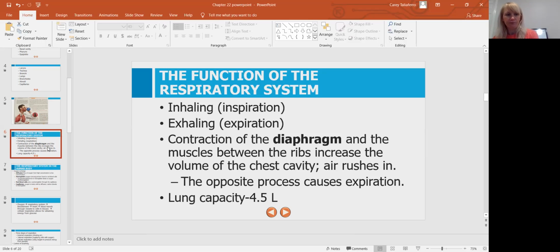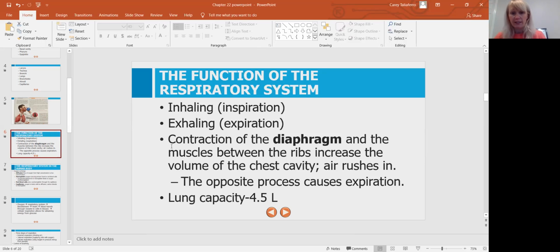So the diaphragm is located, right, it's a muscle between, and again, I did not include a picture of this in the notes on the PowerPoint, but on page 431, you'll see 2 images, and it's showing you the process of inhalation and the process of exhalation.